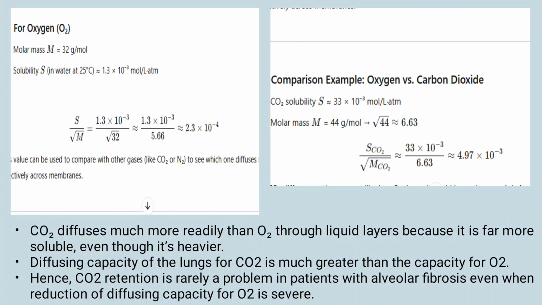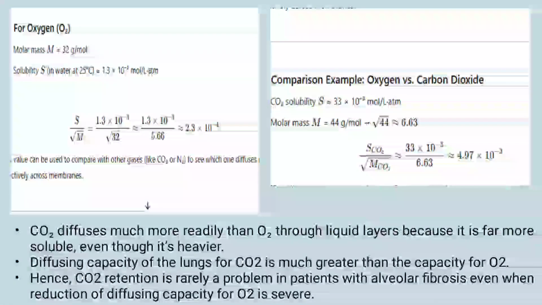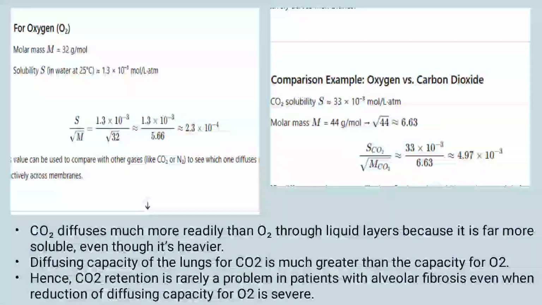But we can see that the molar mass of carbon dioxide is 44, whereas the molar mass of oxygen is 32. But as the solubility is much higher, you can see here, the solubility of carbon dioxide is 33 into 10 to the power minus 3, whereas for oxygen it is 1.3 into 10 to the power minus 3.